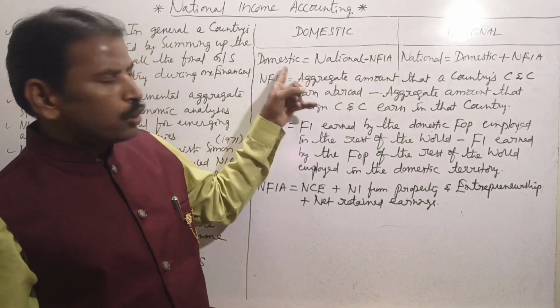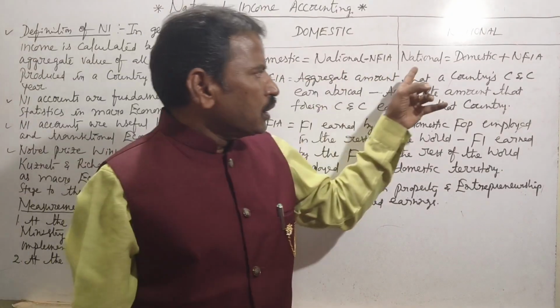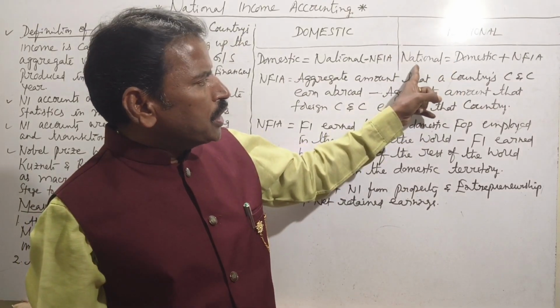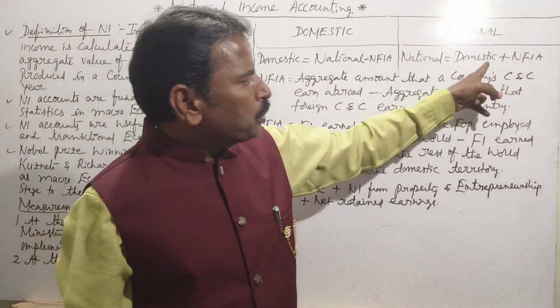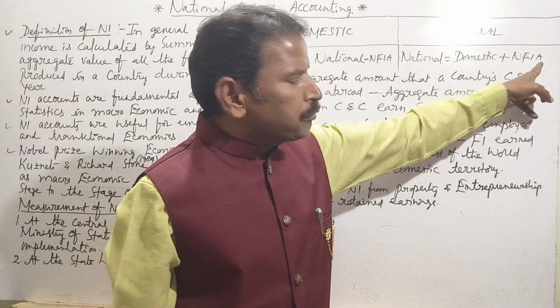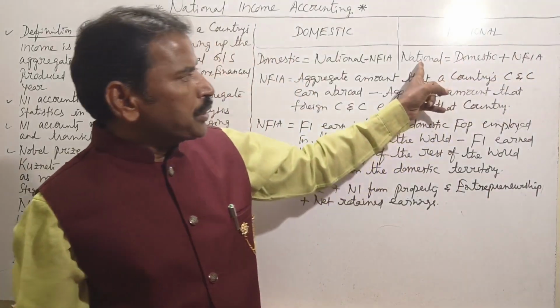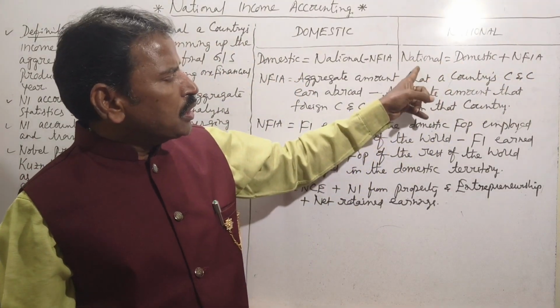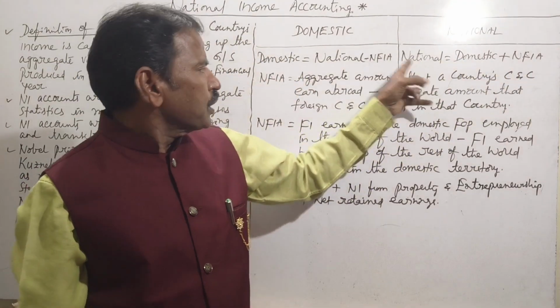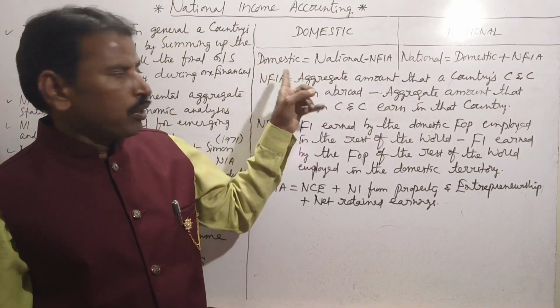On the other side, national is equal to domestic plus net factor income from abroad. National is the bigger one, domestic is the smaller one.